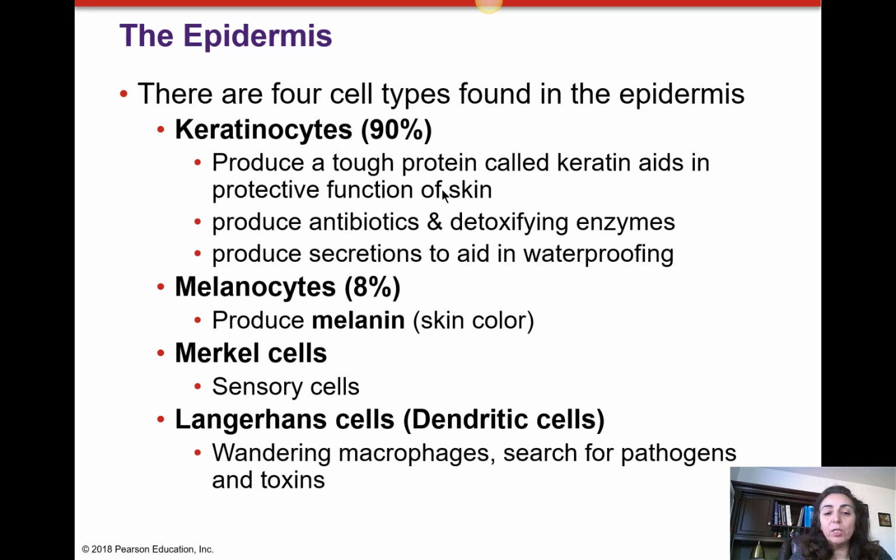The other one, the second most common, are the melanocytes. Melanocytes are the cells that are producing melanin, and melanin is the pigmentation that makes the color of the skin.